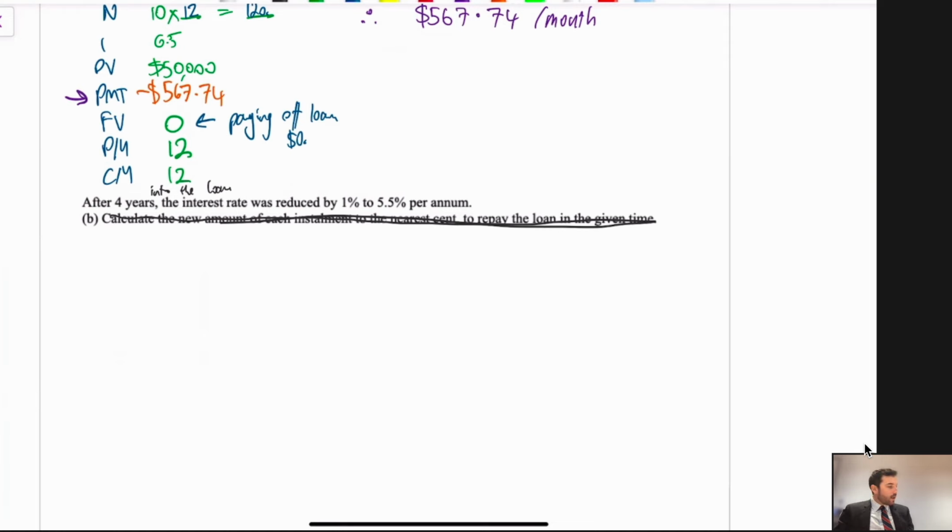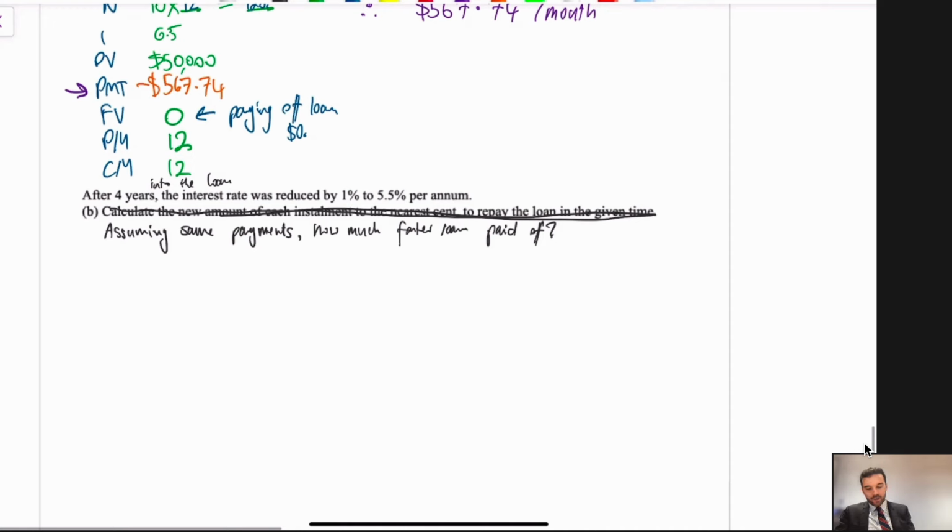What I recommend here is I'll say, assuming they pay the same payments, how much faster is the loan paid off? So what they're saying is we're going to maintain those same payments of 567.74, but with a reduction in the interest rate, what's going to happen here?